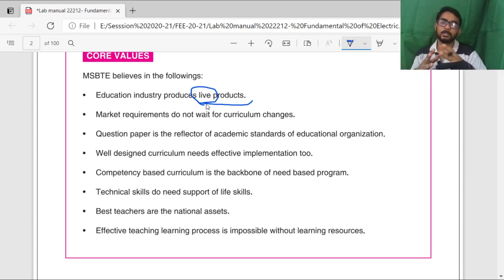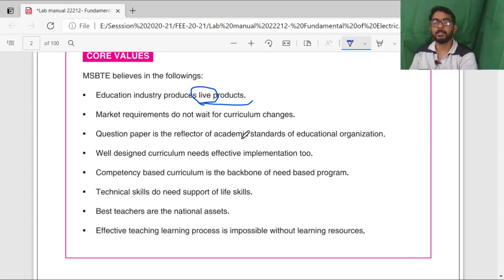And some students will not be confident about the course that they have studied, so they have to study more again. For that purpose they should become a live product, otherwise these are known as dead products. So the student has to decide whether he should be a live product or become a dead product.